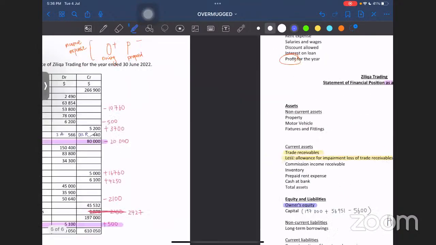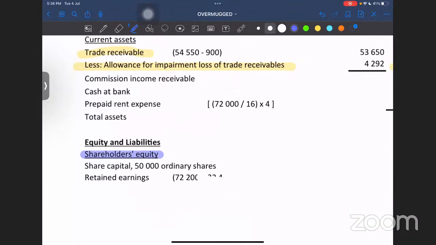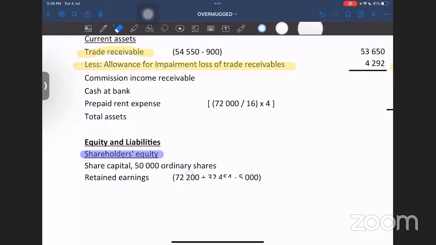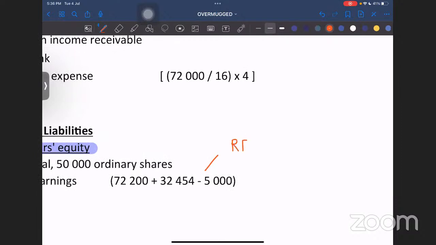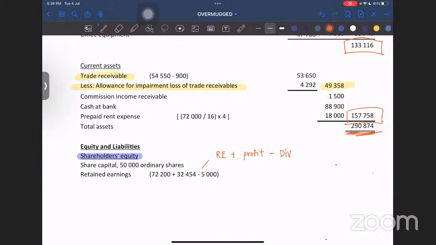Now it is shareholders' equity. And I will have two lines. Okay, two lines here. So the retained earnings, quick recap again: I'll have your retained earnings plus profit or loss, and then minus my dividends. So that will be my working for here.